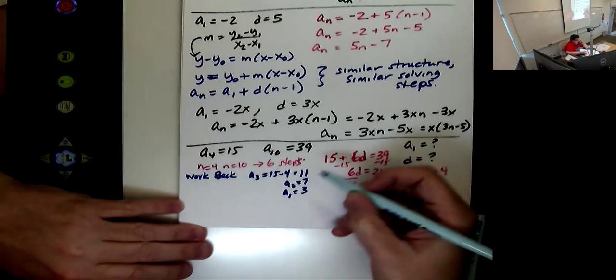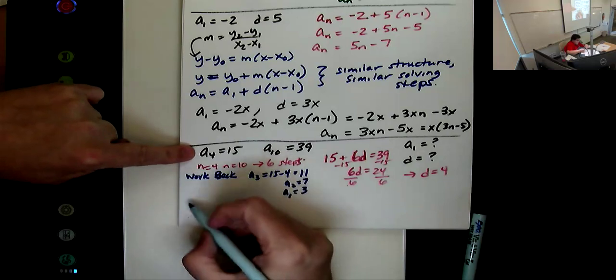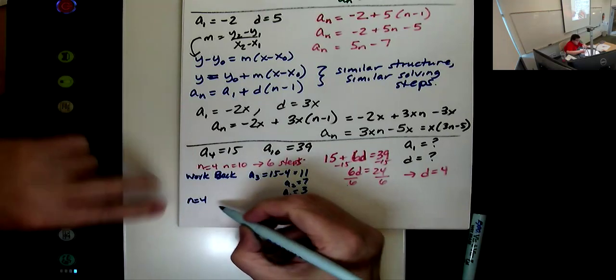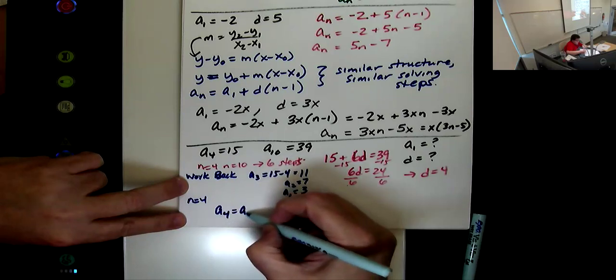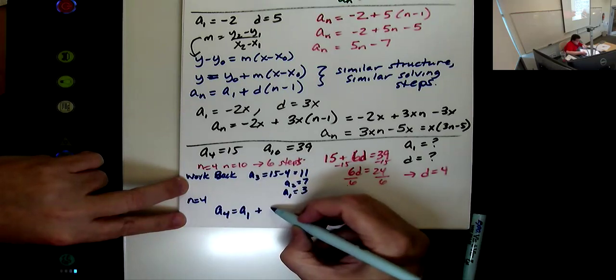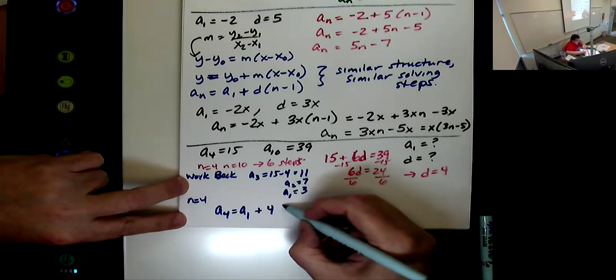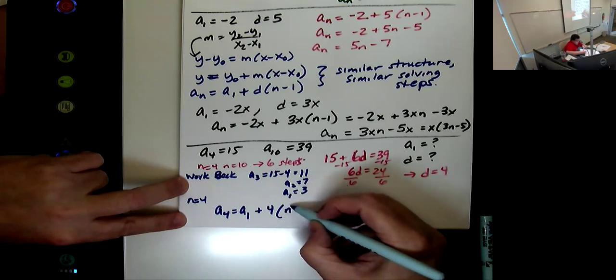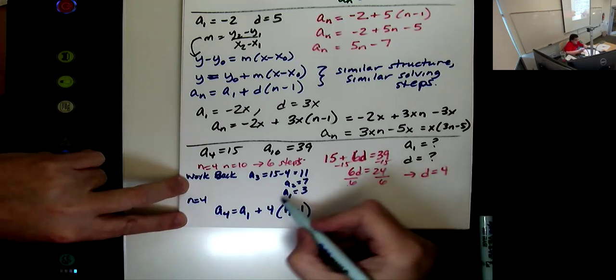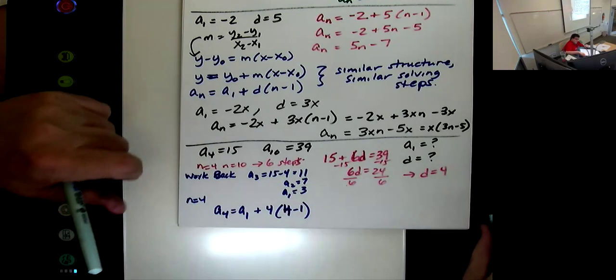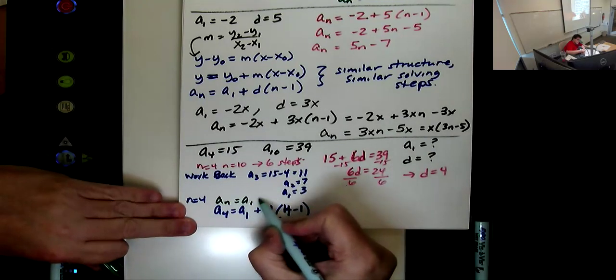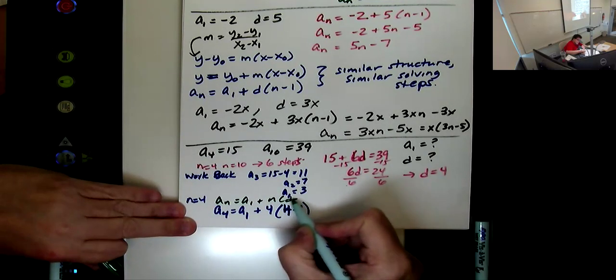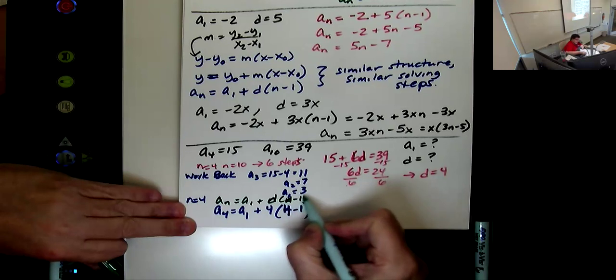Another way of doing it is, if I treat n as 4, I can do a sub n. A sub 4 equals a sub 1 plus d times n minus 1.